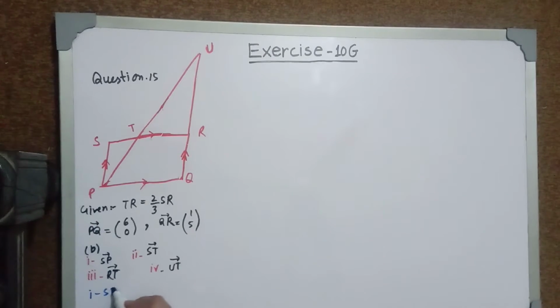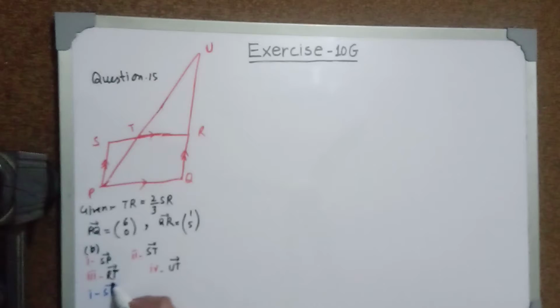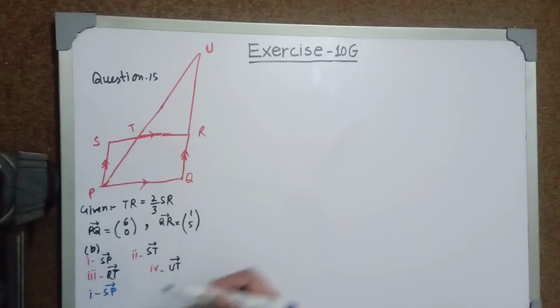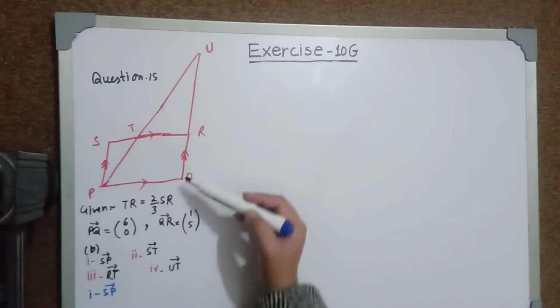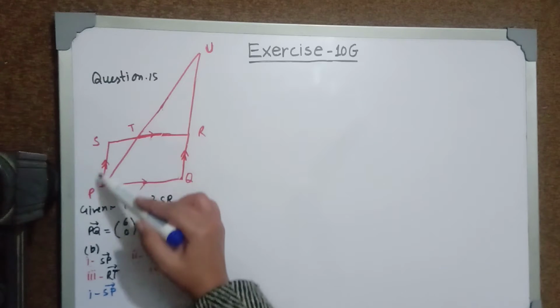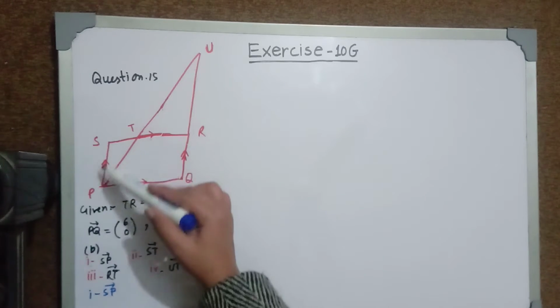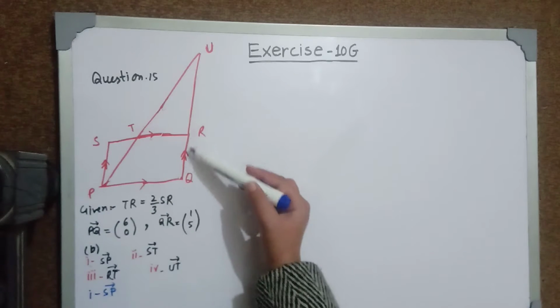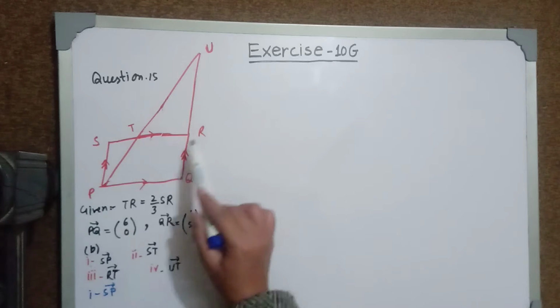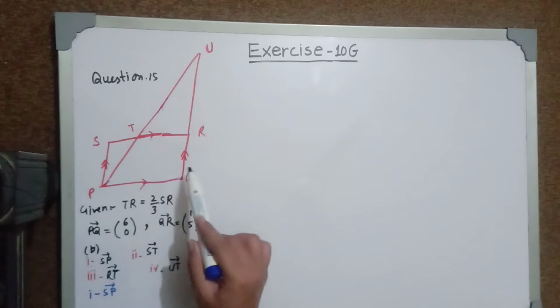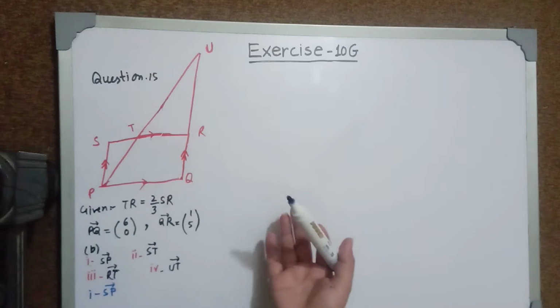First, find SP, which is this side. We can see that SP is equal to RQ, not QR. If I'm starting from here, the direction of SP is the same as the direction of RQ. If I take PS, then PS will be equal to QR, because in that case both have the same direction.